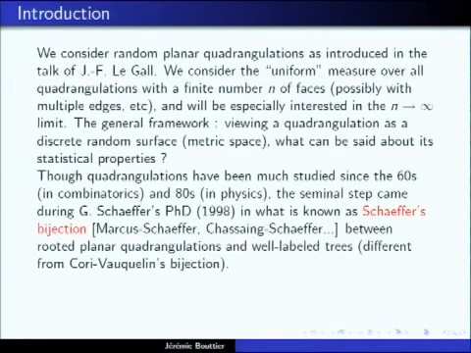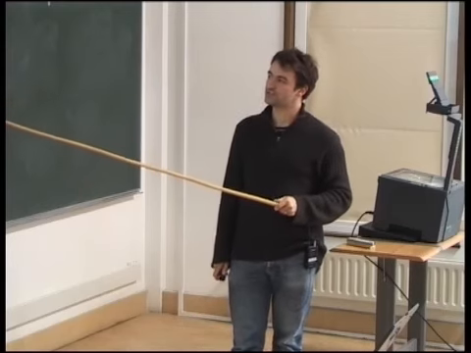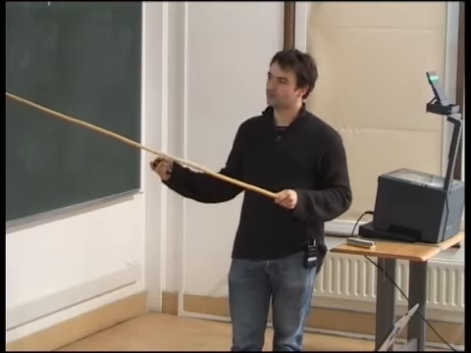So this is an old subject in combinatorics and also in physics. The quadrangulations and the question of enumeration of maps are known, and the real progress, as we were told this morning, came during the thesis of Gilles Schaeffer, who introduced what is known as Schaeffer's bijection, because it's a bijection between quadrangulations and trees.